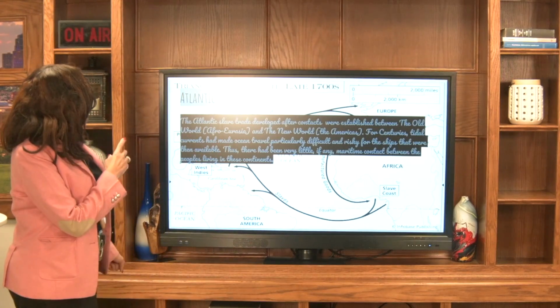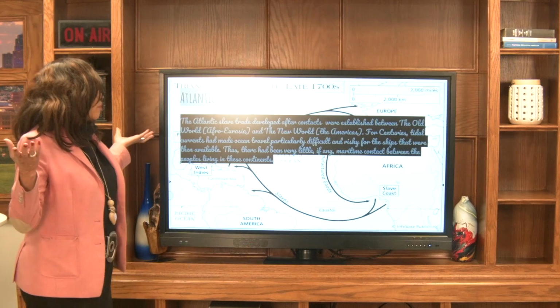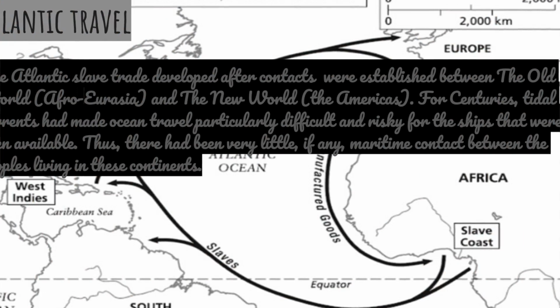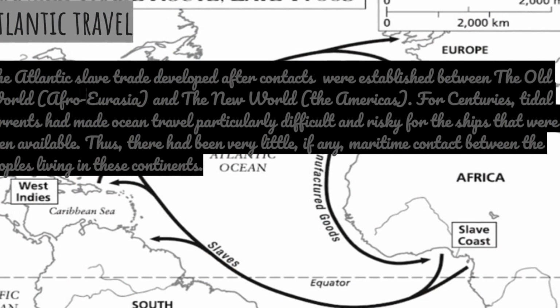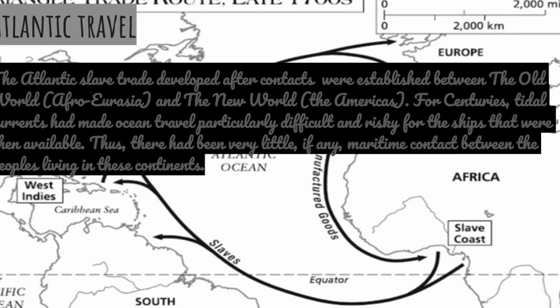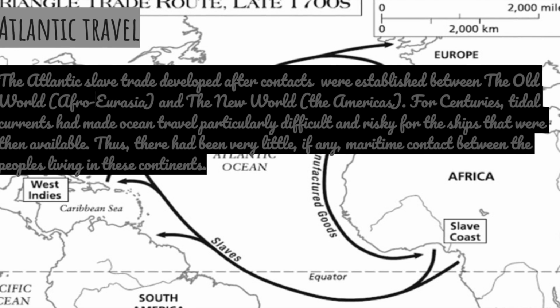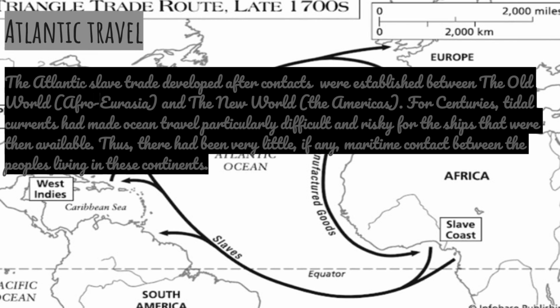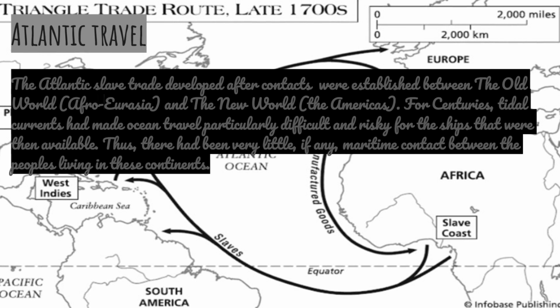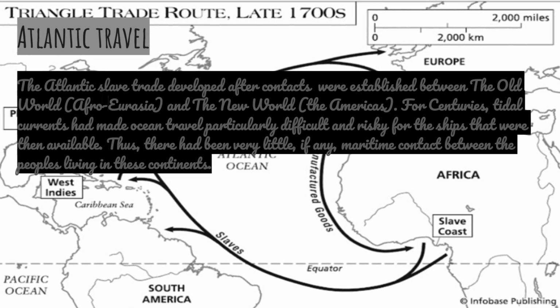Okay, the Atlantic slave trade developed after contacts were established between the old world and the new world. You ask me, what is the new world? New world was what America was called. Old world being what was already established prior to the Americas.